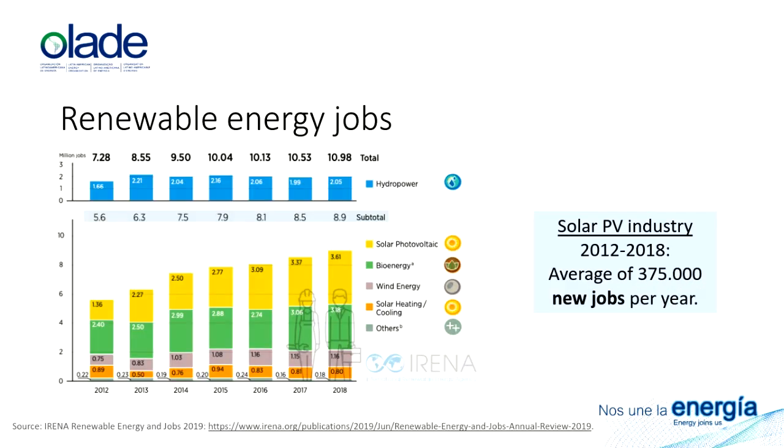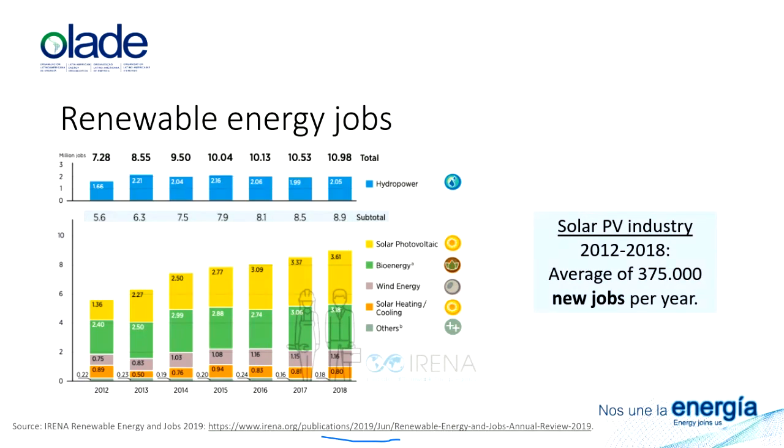So now if we look at renewable energy jobs, this is a report that's issued yearly, and we also recommend that you check it. This is data from up to 2018. This report was issued in June last year, but IRENA is publishing this report yearly, and it's interesting to see that the solar PV industry, on average, in the last years, has created 375,000 new jobs, which is really, really important, and it's something that we should also try to grow and benefit from.